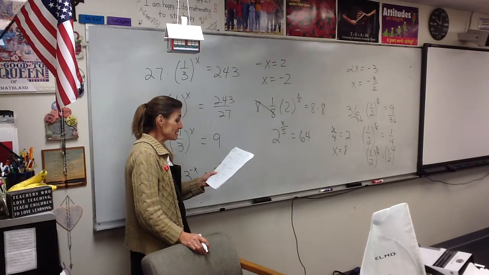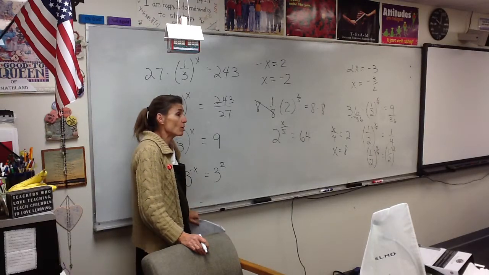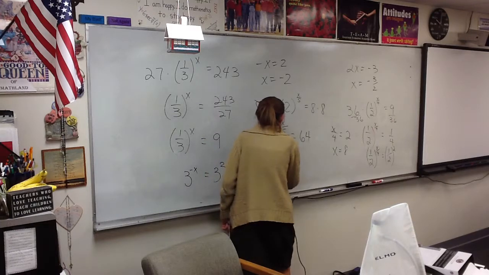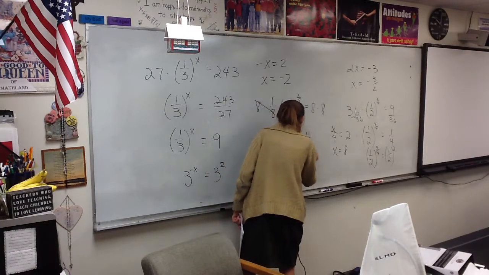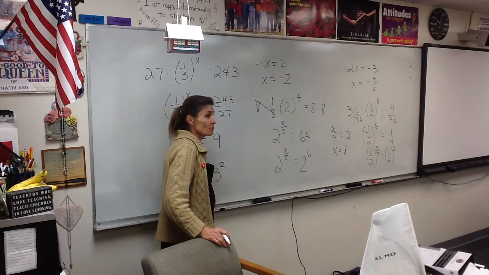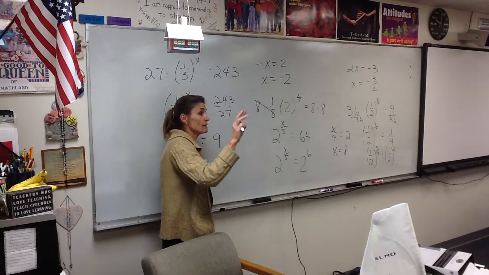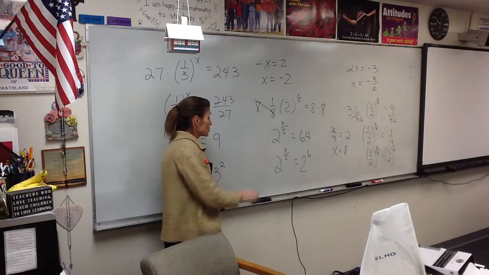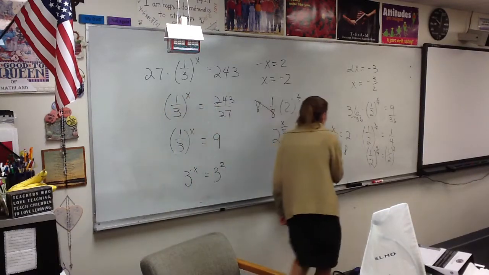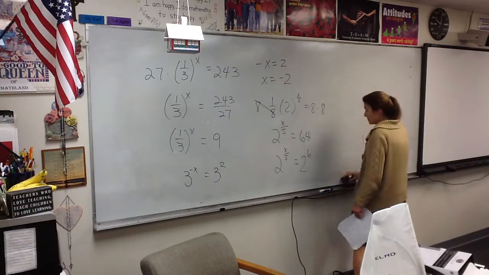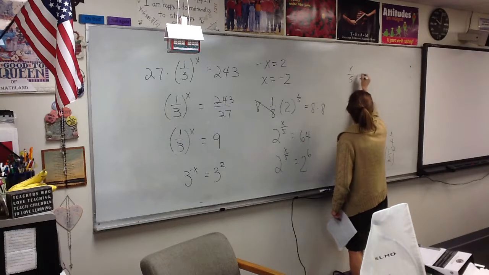Is 64 a power of 2? Yeah. Do you know which power of 2? 6. Very good. For those of you that don't have that memorized, you can figure it out, right? 2 times 2 times 2 times 2 times 2 times 2. So what's the next step then? x over 5 equals 6, which means x must equal 30.